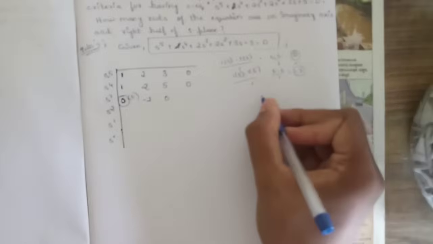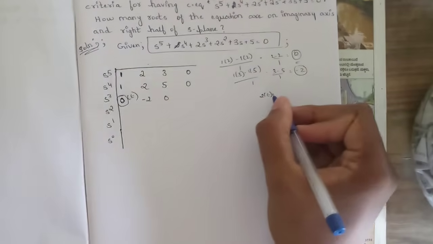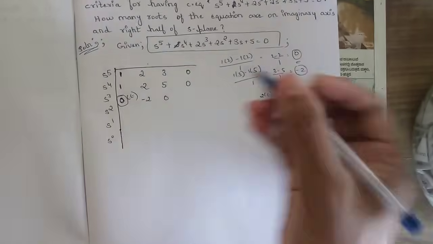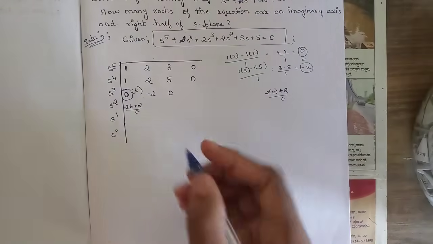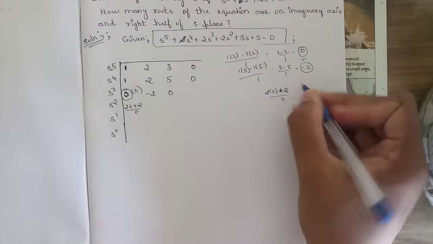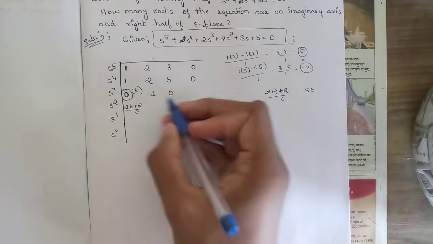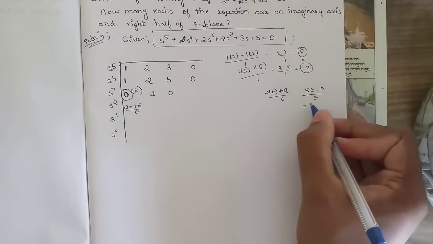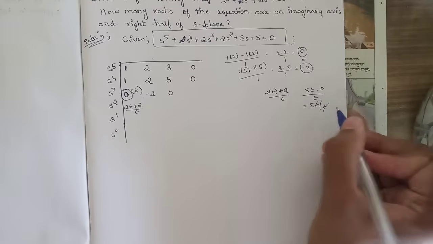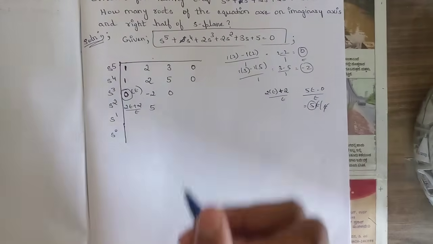So epsilon into 2 is 2 epsilon. 1 into minus 2 is minus 2, and with the minus sign this becomes plus 2 by epsilon. So here we write 2 epsilon plus 2 by epsilon, right? And here epsilon into 5 minus 0 divided by epsilon, so that is 5 epsilon by epsilon. Epsilon gets cancelled, the remaining value is 5.